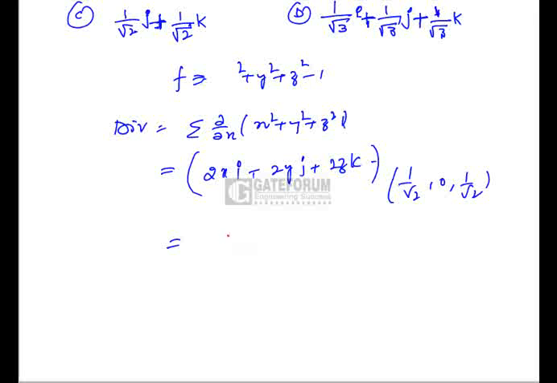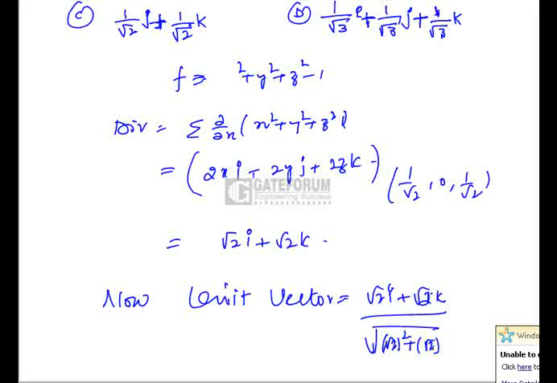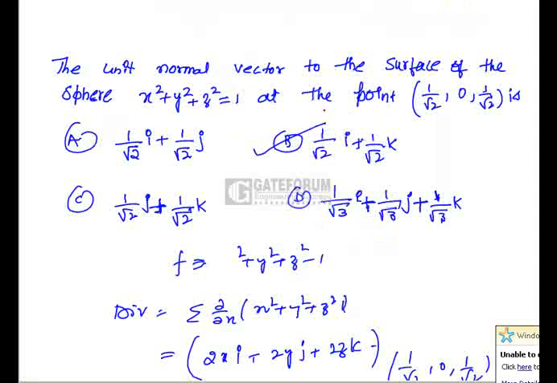If we substitute, it will be root 2 i plus root 2 k. Now the unit vector along this is root 2 i plus root 2 k by root over root 2 square plus root 2 square, which is root 2 i plus root 2 k by 2, which can be written as 1 by root 2 times i plus 1 by root 2 times k, which is nothing but option B.